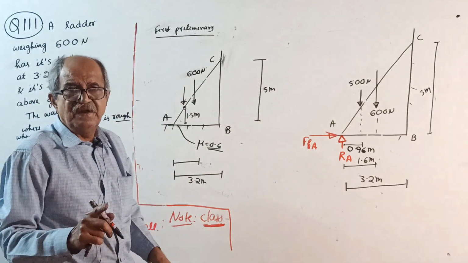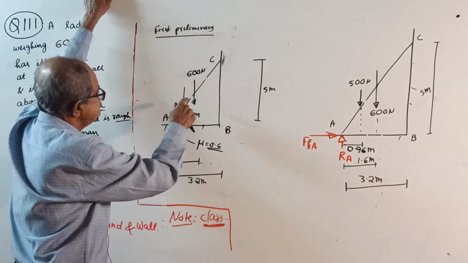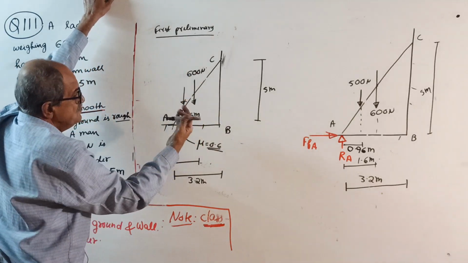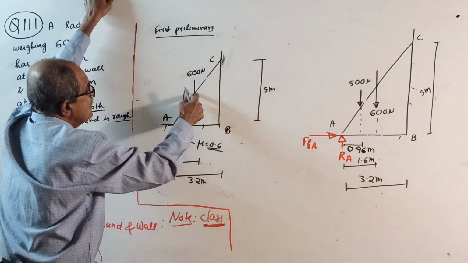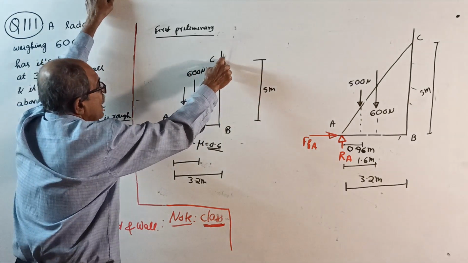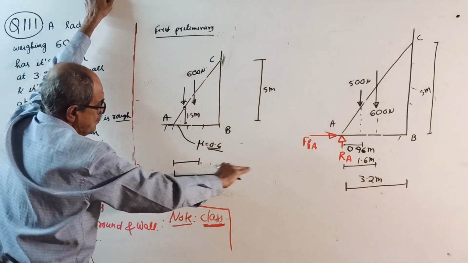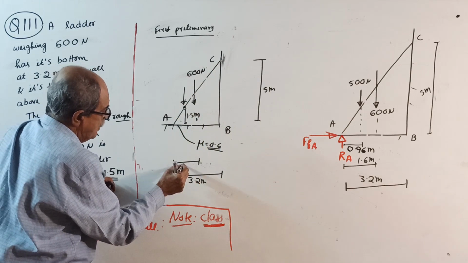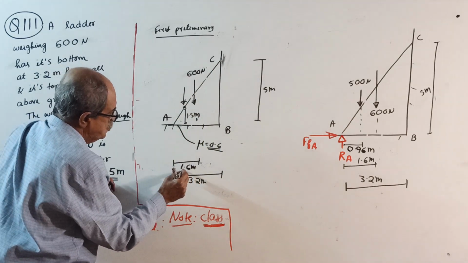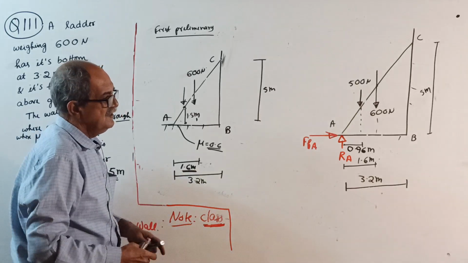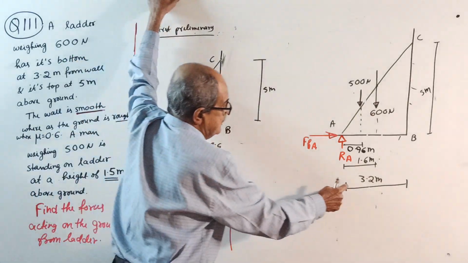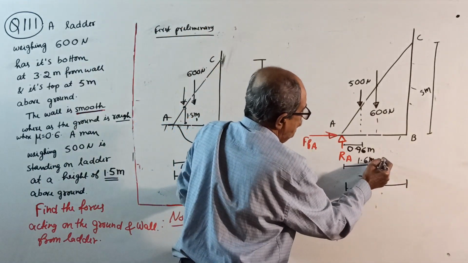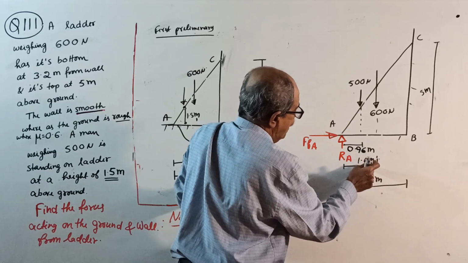Weight of ladder is 600 Newton. Since no other data is given, it is acting at the center. Length is not required. Along this length, center means lengthwise. If you project that point, it is half of 3.2, which is 1.6 meter. You should write it. That is where the weight of the ladder is acting, at 1.6.